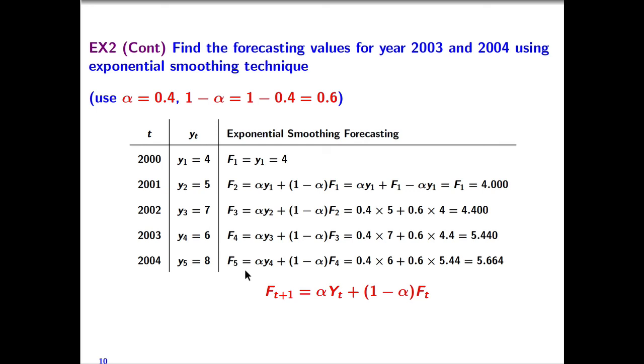Now for F5, you have alpha times y4 plus 1 minus alpha times F4. So you will have 0.4 times 6 plus 0.6 times 5.44, which will give you the answer of 5.664. And this is the end of chapter 17.